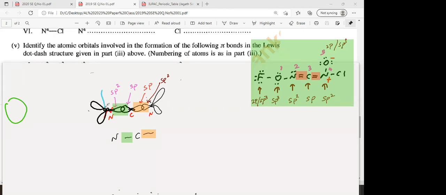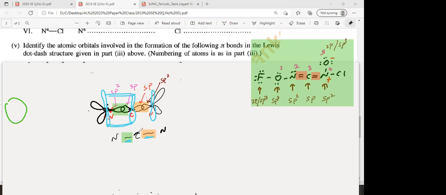So there will be a 2p unhybridized orbital here. This also has an unhybridized orbital, so there are two unhybridized orbitals, and it will laterally overlap like this. So that is perpendicular. That is the pi bond by lateral overlapping of the 2p unhybridized orbitals, and this one will be perpendicular to each other.